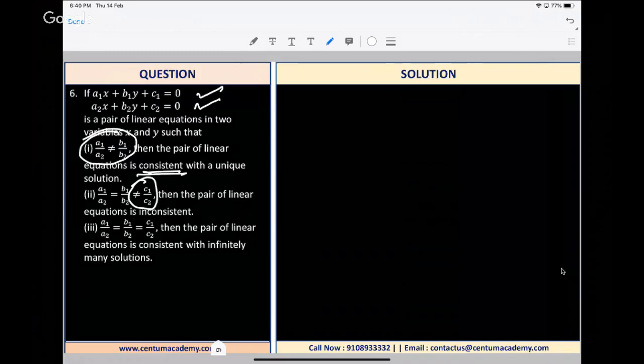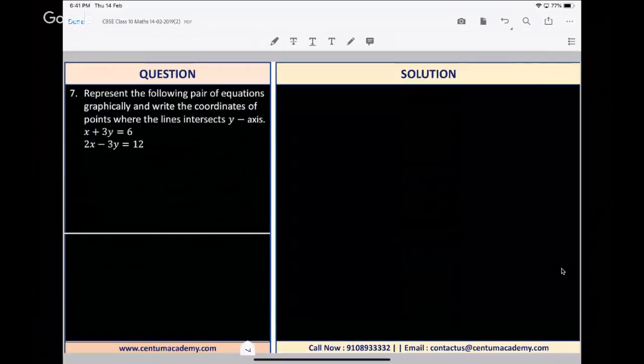And the third is a1 by a2 is equal to b1 by b2 is equal to c1 by c2. In this case, these lines are coincident. So you can remember like that: crisscross, that is intersecting lines, means not equal to. Parallel lines are when the first two ratios are equal but the third is not, and coincident lines are when all the ratios are equal. We'll be seeing these applications a little later.